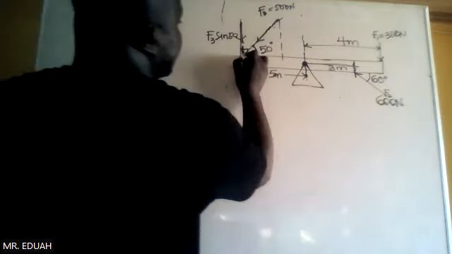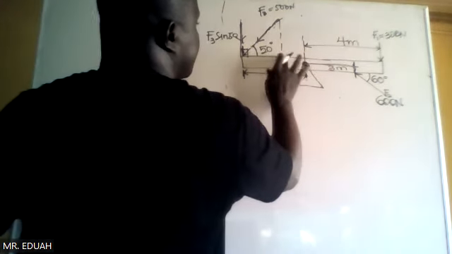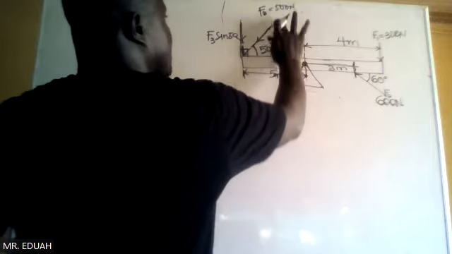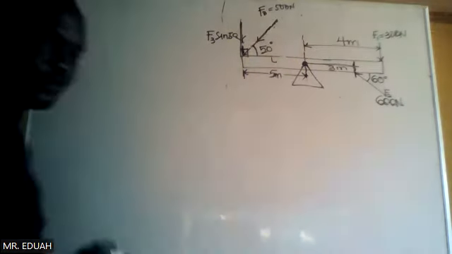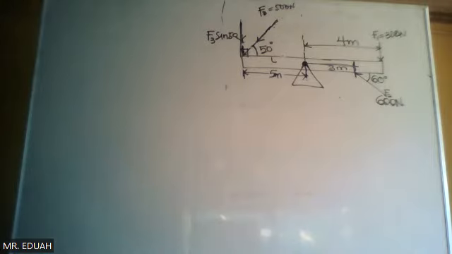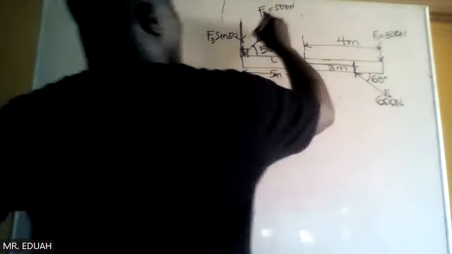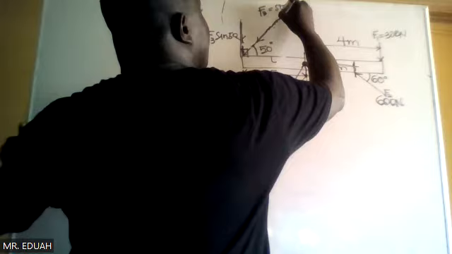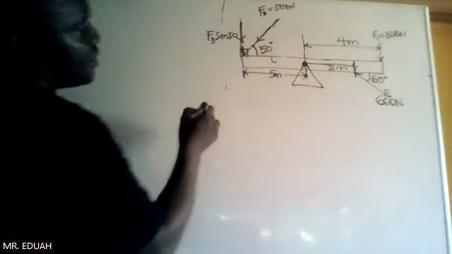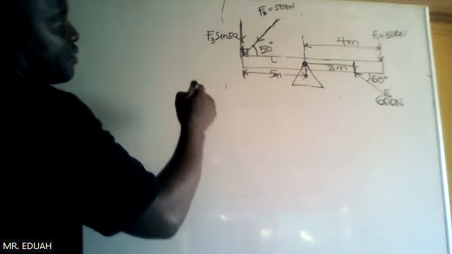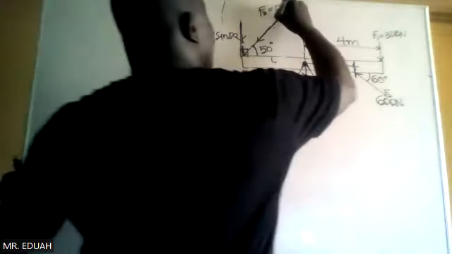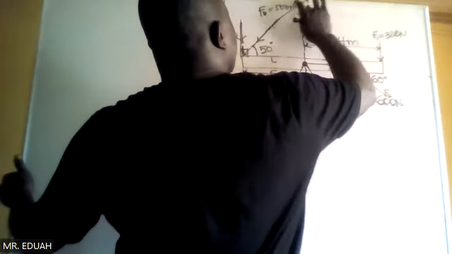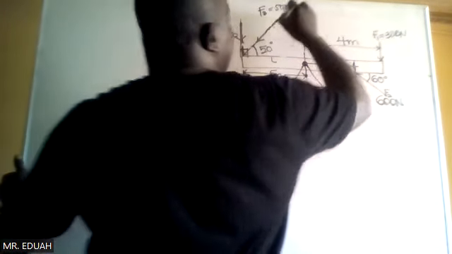You see, this is the length from the pivot, L, which is 5. When I extend the line of action of the force from where it came from, it's here.